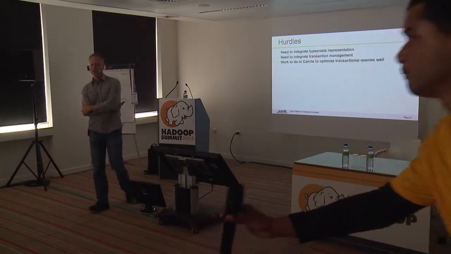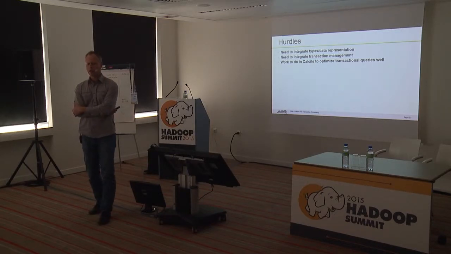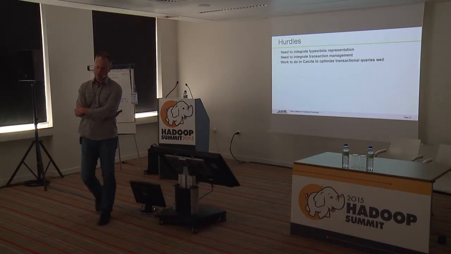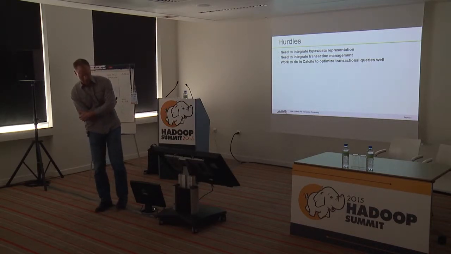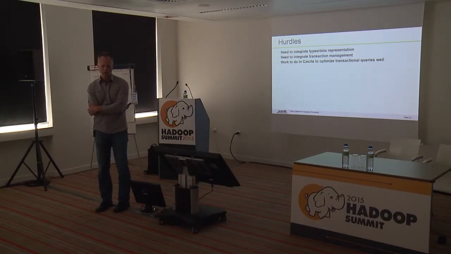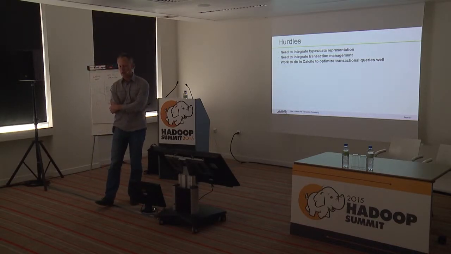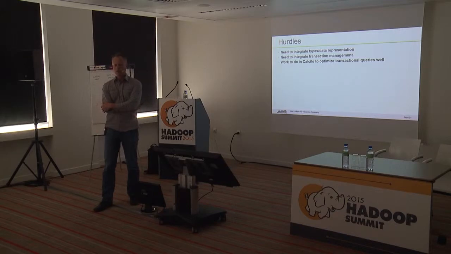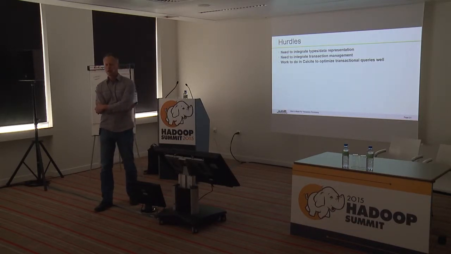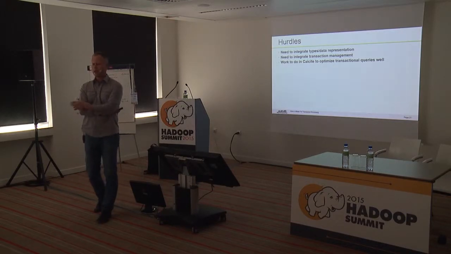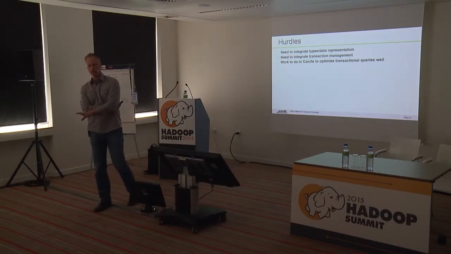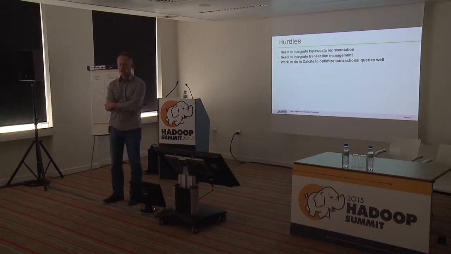I should have put that on the Phoenix slide. The Phoenix community is already working on secondary indexes, and that's exactly why they're interested in transactions, because you can't build reliable secondary indexes without transaction management. That's actually their first use case for the transaction manager. I've talked briefly with the people working on that. I'm not involved day-to-day, so I don't know how far along it is, but I know they are working on it.